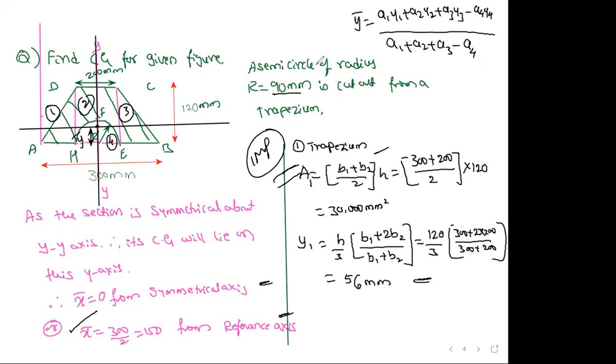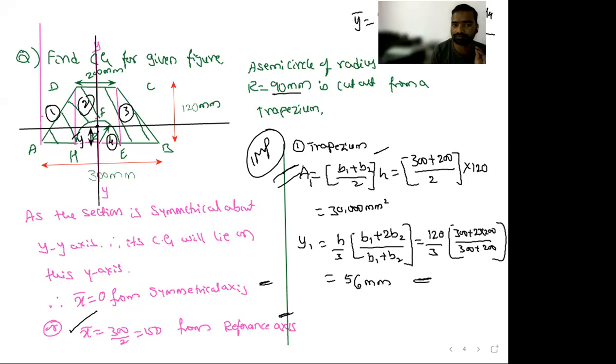Yes, sir. If we split it like this, we write it like this, but the answer will be the same. Whatever answer you have got now, you will get the same answer. Understood?